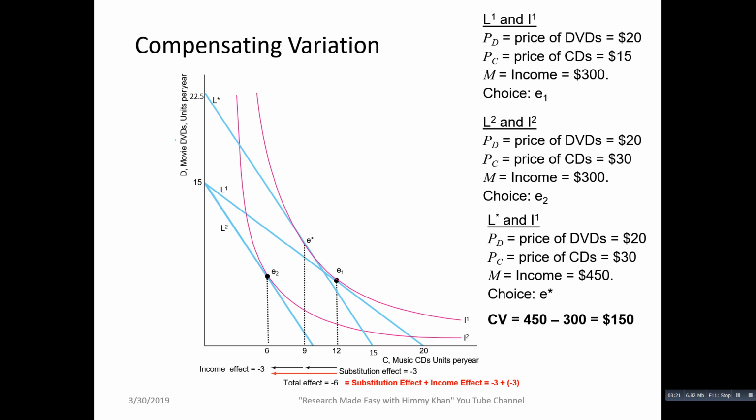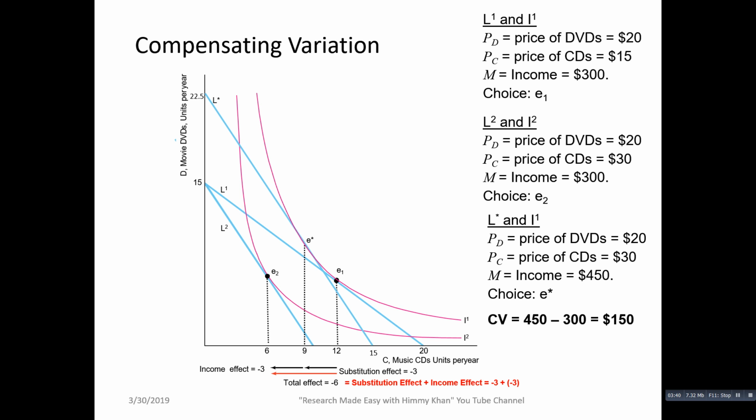So when L1 is the budget line, then the consumer is at point E1, and here the consumer is consuming 12 units of CDs when the price of CD per unit is $15.